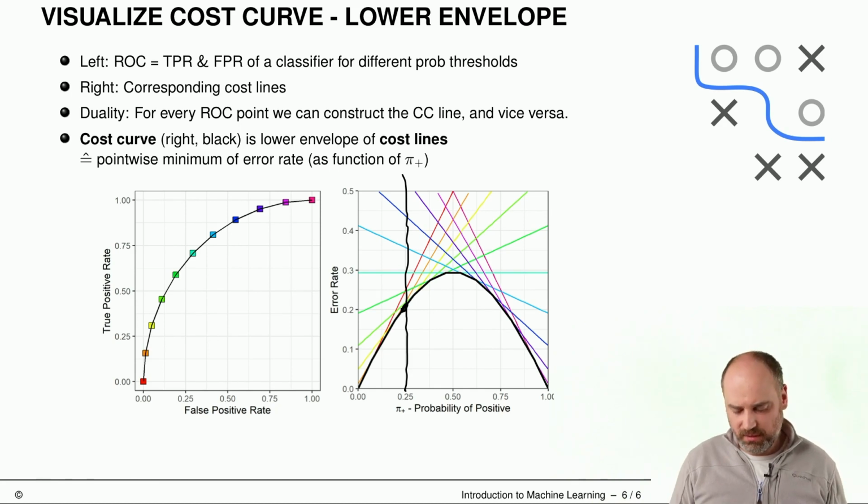So this is the smallest potential performance value we can reach, in terms of misclassification error, for this given setting of a prior probability. So here for pi plus equals 0.25. And what we'll now do is generalize that to general cost matrices in the upcoming section.